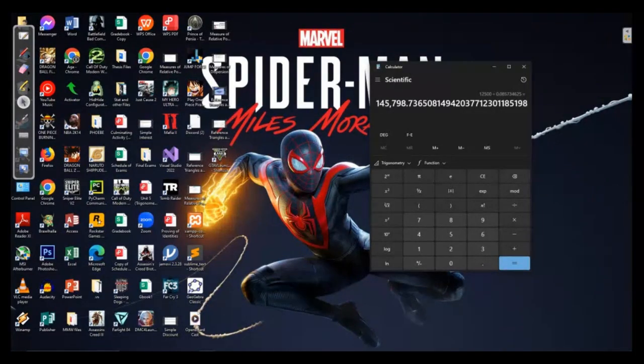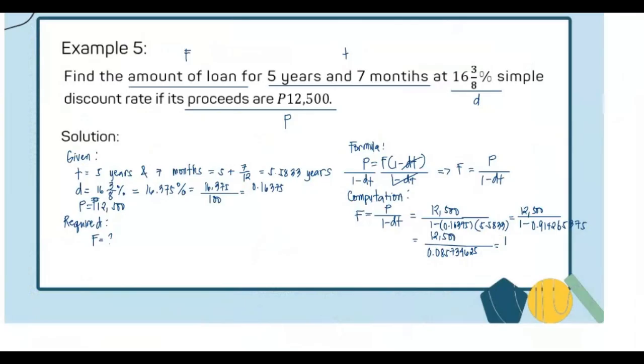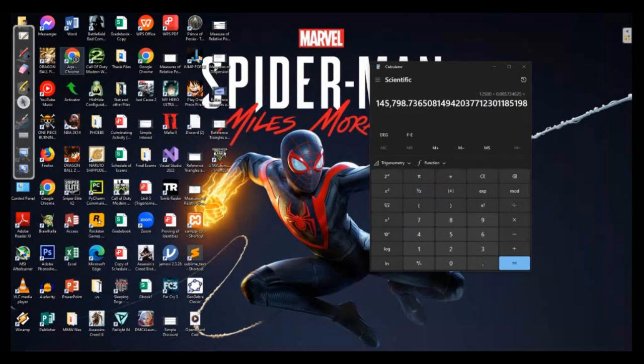And then, as you can see, we have now the value. Yung value natin is 145,798.74. So we could have that. It's going to be 145,798.74 pesos.